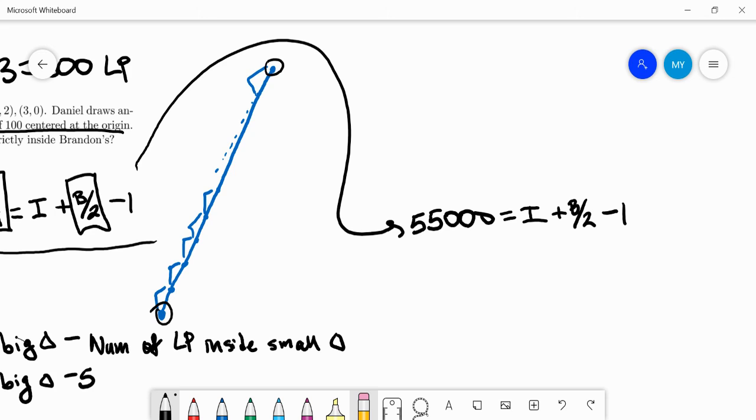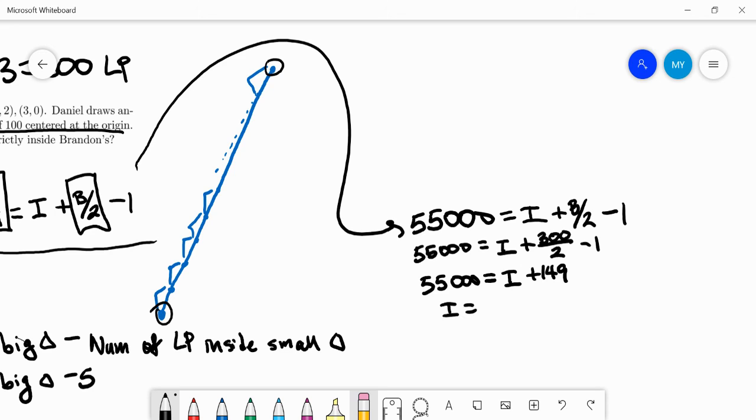So we have 55,000 equals I plus 300 over 2 minus 1. 300 over 2 equals 150. So I plus 149 is going to equal 55,000.